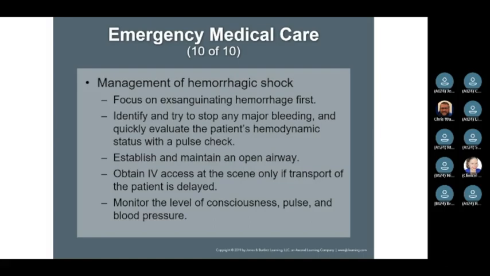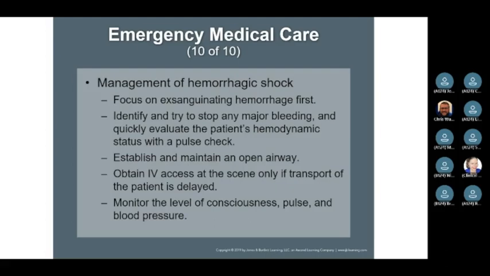That being said, we've all talked about this in skill days. If you have a patient with potential cervical trauma, you're not going to use the head tilt chin lift to open the patient's airway. You're going to go ahead and use that jaw thrust. So just keep that way, you can keep that C-spine immobilization and rock on.